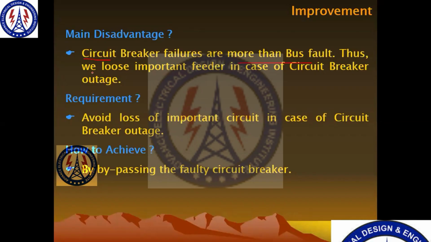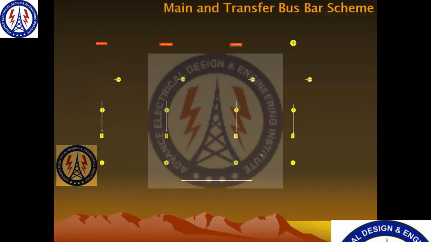So thus we lose important feeder in case of the circuit breaker outage. And to avoid this, we should use bypassing of the faulty circuit breaker. So we will make the system in such a way that we can bypass the faulty circuit breaker. So with this, we have the inception of main and transfer busbar arrangement.